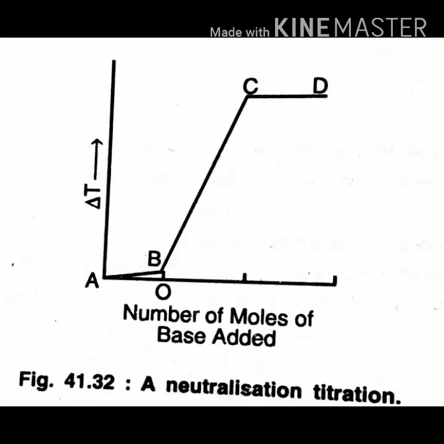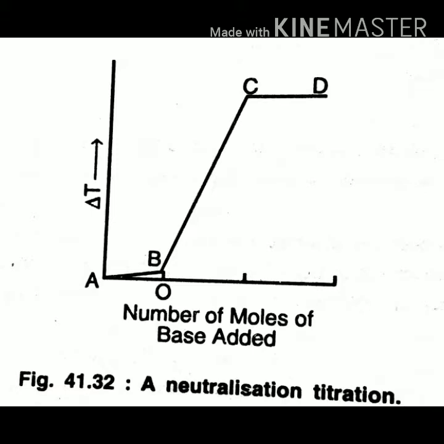In neutralization titrations, we use indicators such as phenolphthalein and methyl orange, where we determine the concentration of the acid and base. Second is the complexometric titration.